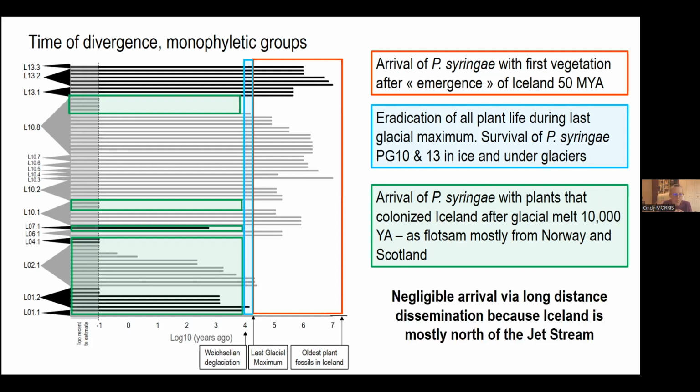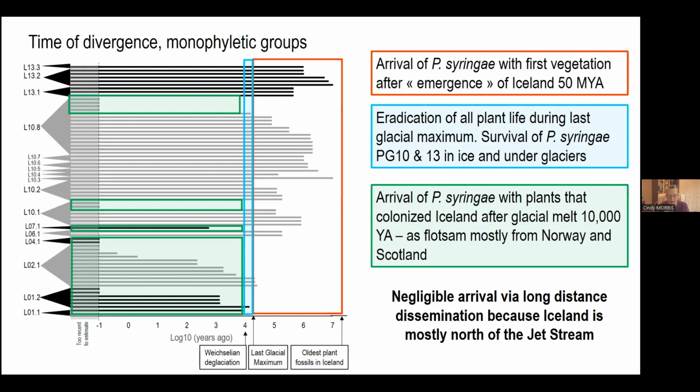The real clue here is the fact that the jet stream does not go to the places we sampled from. The jet stream only touches the lower part of Iceland. When the volcano Eyjafjallajökull blew up in 2010, and we got all that dust in Europe, that was because it's on the most southern part of Iceland.